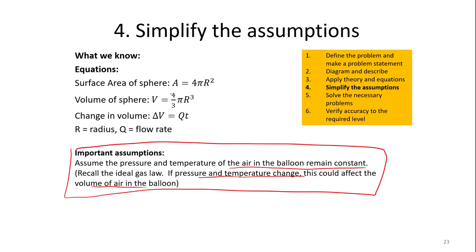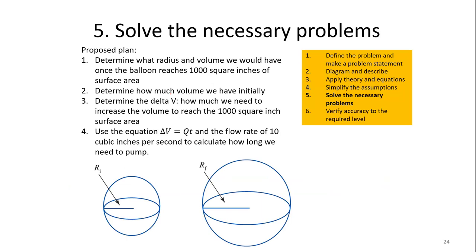So let's move on to step 5. Now we need to solve the necessary problems. So here's the proposed plan. As mentioned before, we can determine what radius and volume the balloon will have once it's reached that desired size. We can then determine how much volume we had initially and find how much we need to increase the volume in order to reach that desired size.